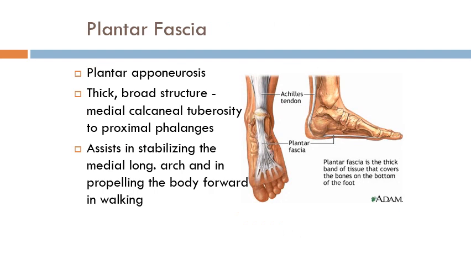Then you have the plantar fascia, also known as the plantar aponeurosis. It's a really thick structure. Here's the plantar fascia. It's a thick, broad structure that goes from the medial calcaneal tuberosity and extends all the way up to the proximal phalanges.